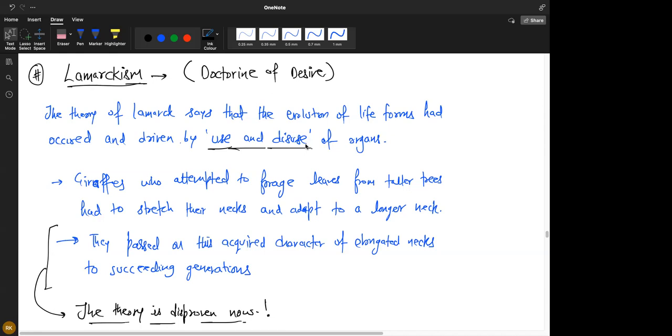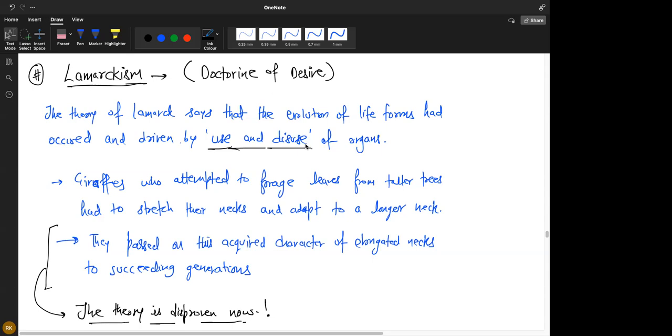Yeah, correct. So the thing is that in science, more than rejection, what matters is that it was not accepted very widely, though it was accepted by some who realized, okay, what Lamarck is saying makes sense.